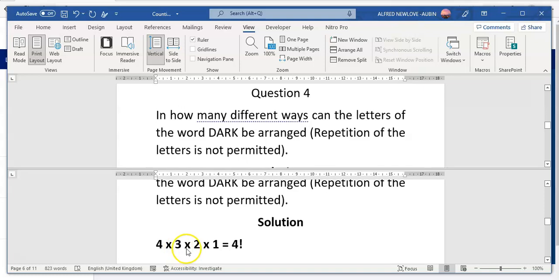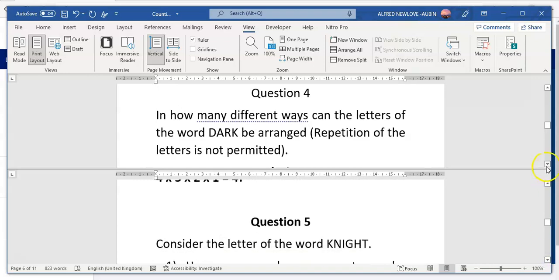Because the first and the second spaces have taken 2 letters. How many letters are left? There are 4 letters, so 2. And the last space is going to take 1. Why? The first, second, and the third have taken 3 letters. So how many letters are left? 1. Why? Because there are 4 letters.